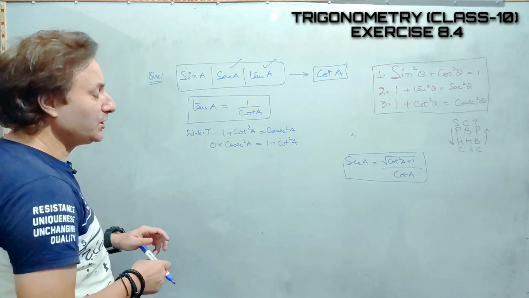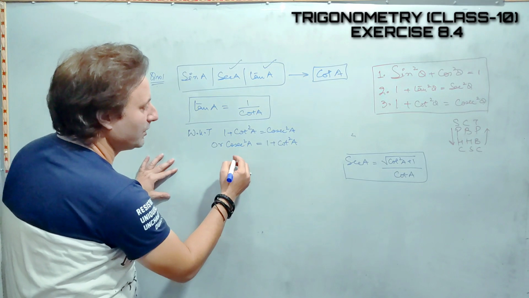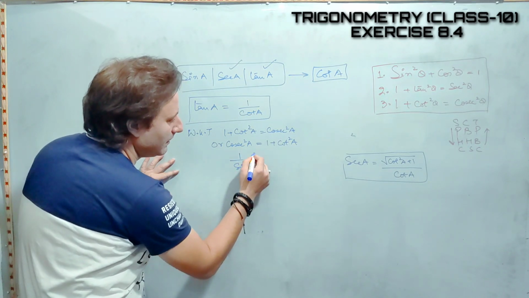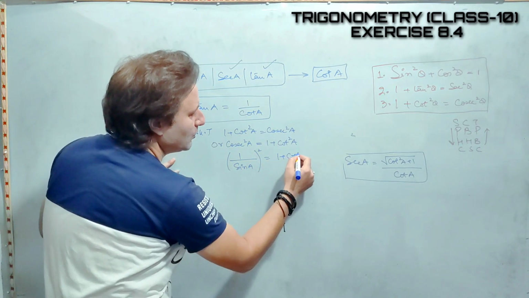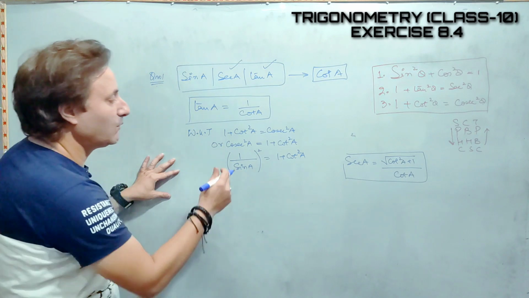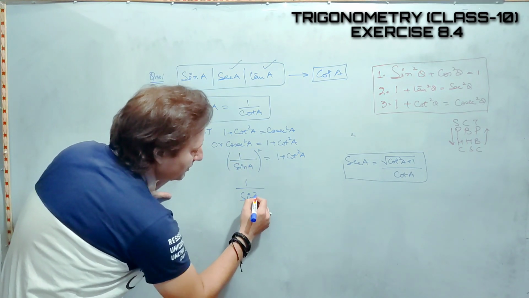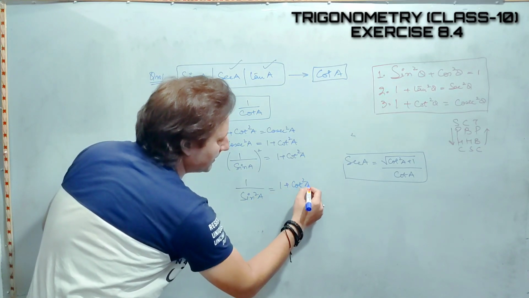Absolutely. We know that cosec A is 1 upon sine A. So what I will do here, I will write 1 upon sine A whole square is equal to 1 plus cot square A. Now, 1 square will be 1. Then this will be sine square A is equal to 1 plus cot square A.